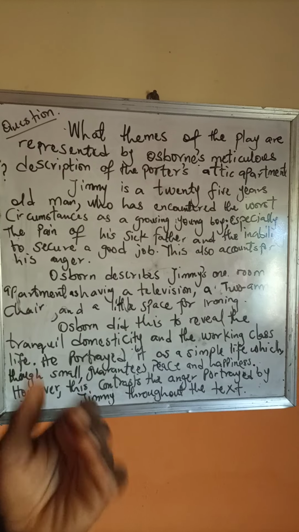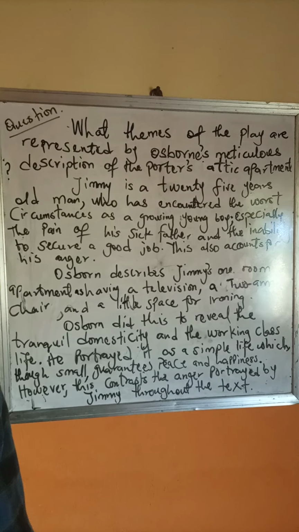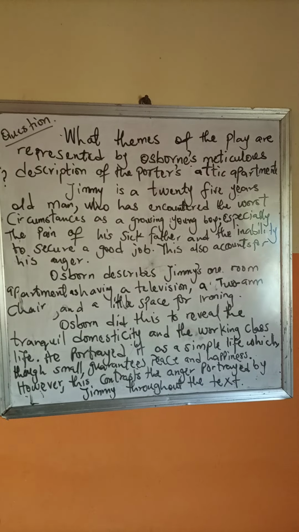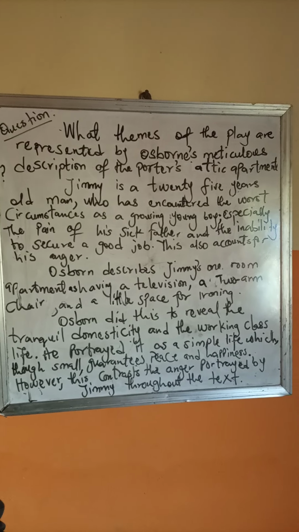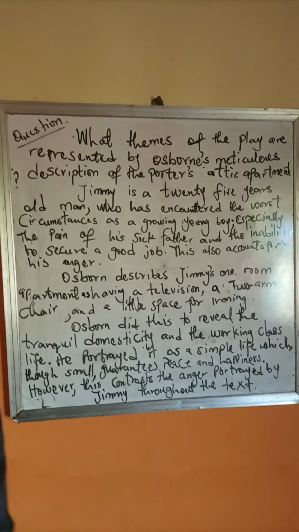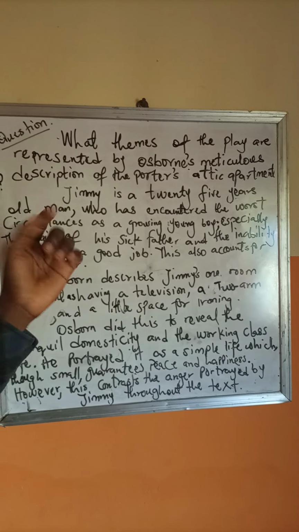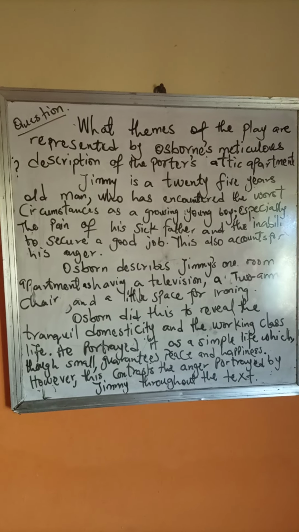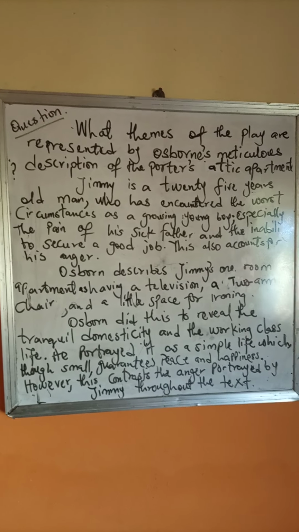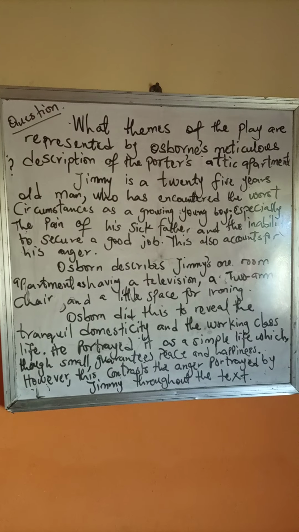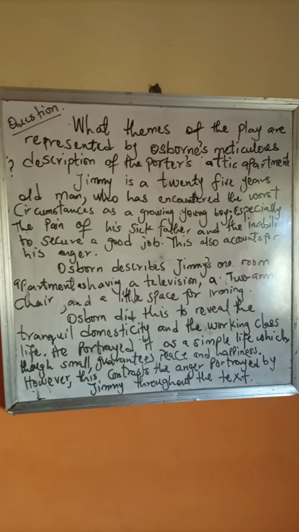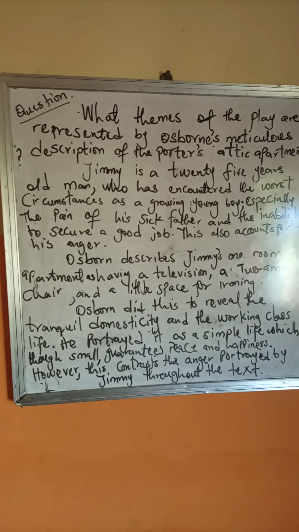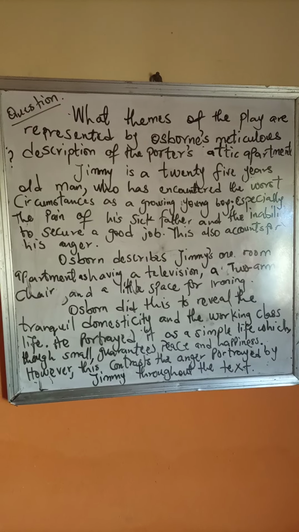Now, the first thing I expect you to do here is to identify a character. We call it character identification. So your first paragraph should be devoted to that. Jimmy is a 25 year old man who has encountered the worst circumstances as a growing young boy, especially the pain of a sick father and the inability to secure a good job.